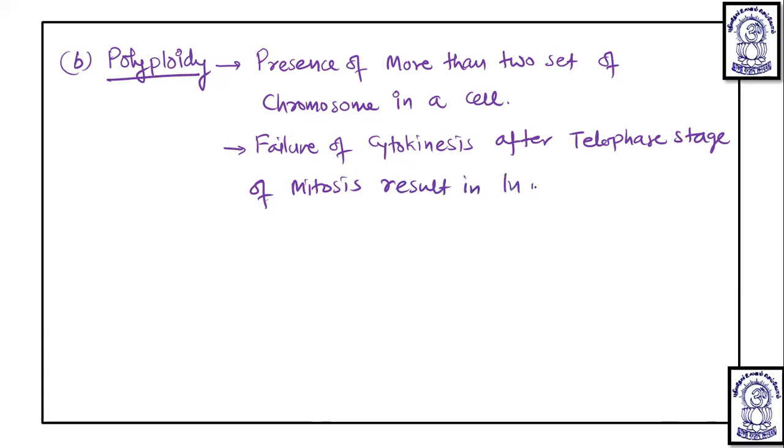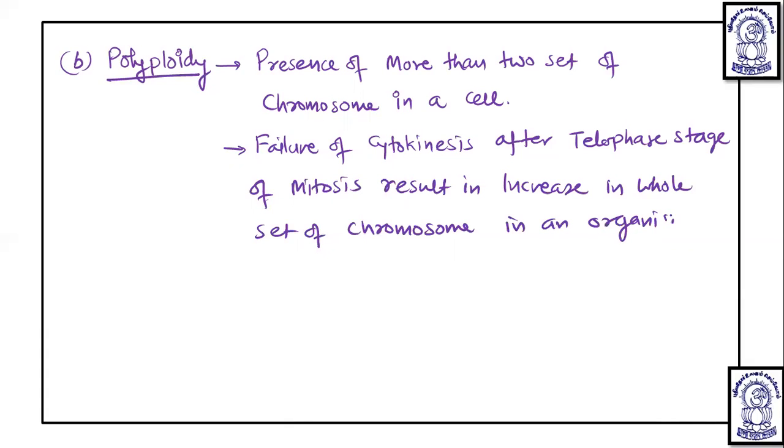A failure of cytokinesis after the telophase stage of mitosis results in an increase in the whole set of chromosomes in an organism. Okay, and this phenomenon is known as polyploidy.